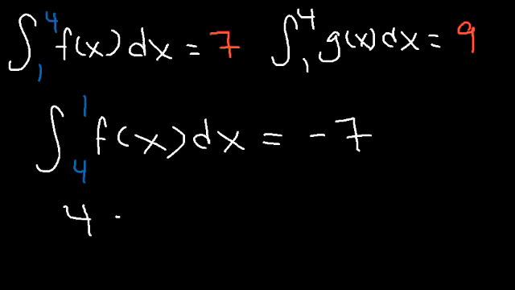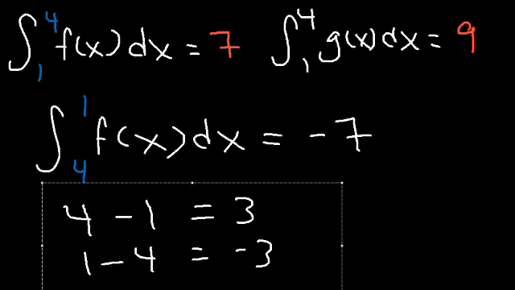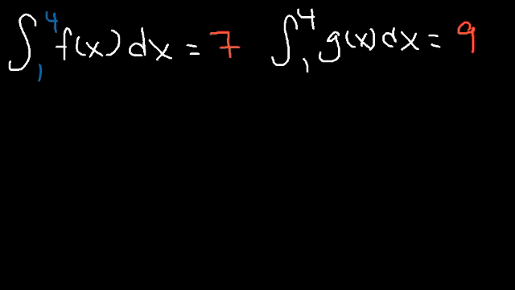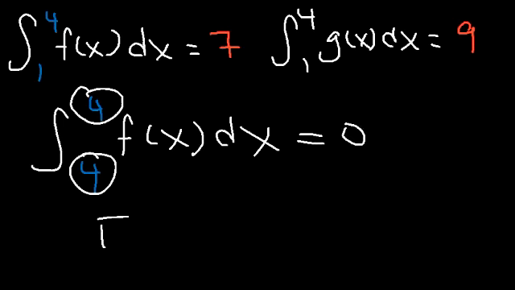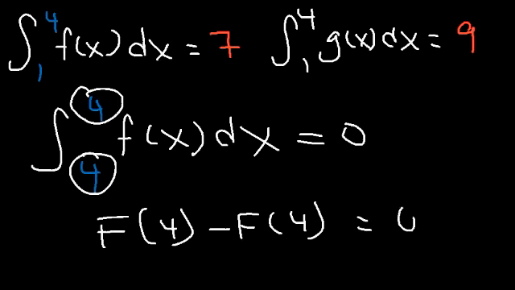For instance, 4 minus 1 is 3, but 1 minus 4 is negative 3. So the only thing that happens is the sign is going to change. Now what is the integral from 4 to 4 of f of x dx? If these two are the same, then it's going to be 0. F of 4 minus f of 4 is equal to 0.